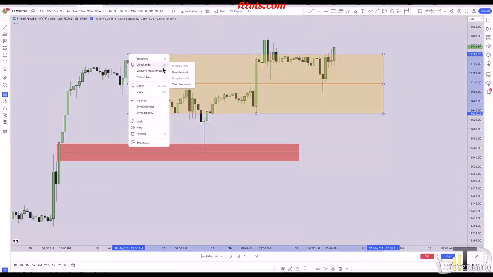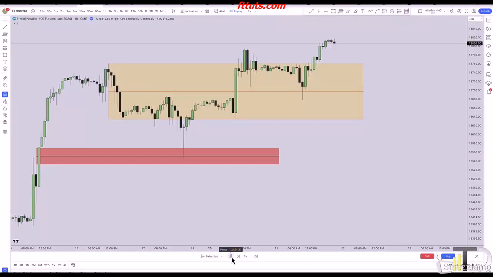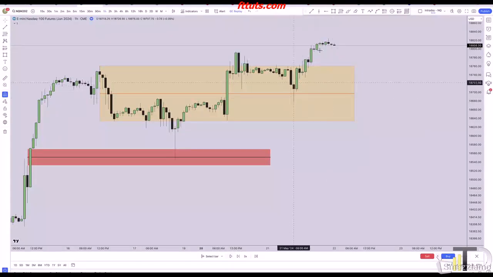All right, now you see, where are we getting the reaction from? This particular candle close validated this order block. Now we came back to this order block right here, and now we are seeing a reaction. So if we fast forward it, now we see this reaction from it, right?